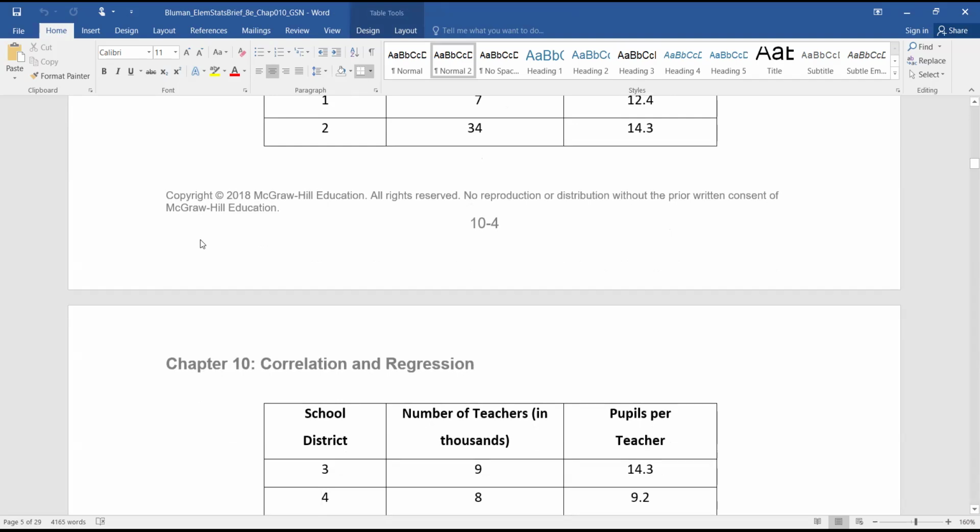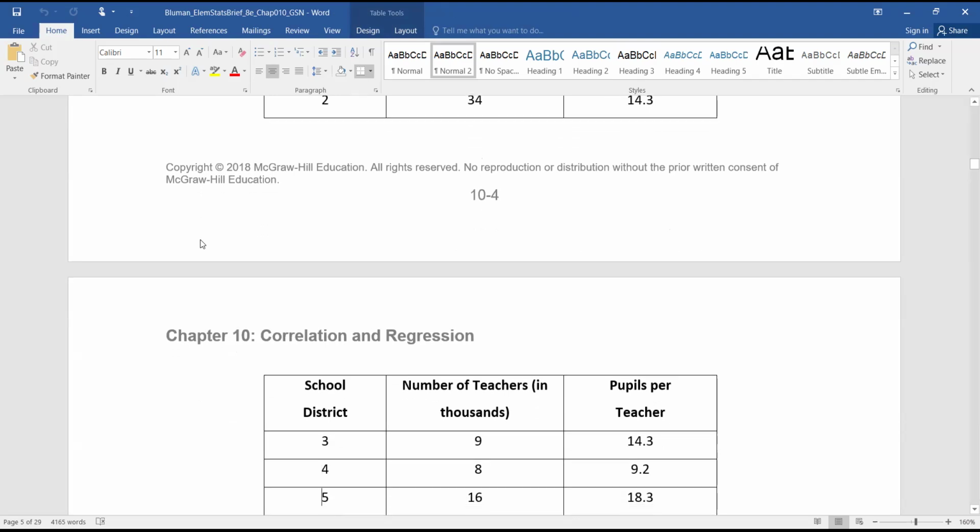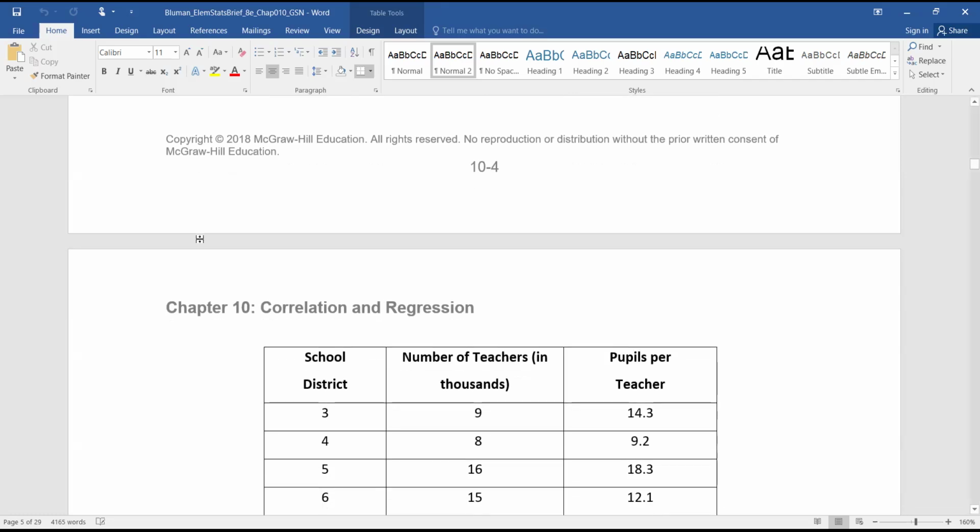District 3 has 9,000 teachers with 14.3 pupils per teacher. School District 4 has 8,000 teachers at 9.2 pupils or students per teacher. District 5 has 16,000 teachers at 18.3 students per teacher.